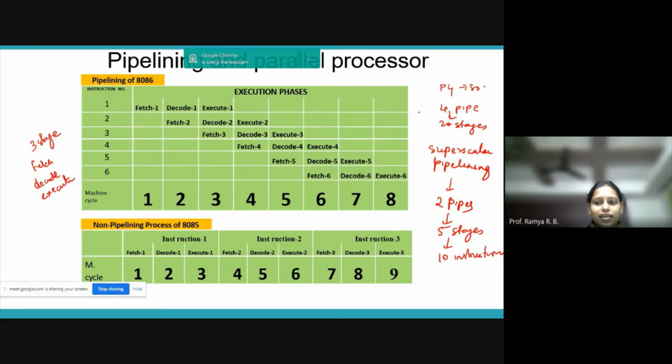Okay, so this architecture is also called the NetBurst architecture. अगर आपने सुना होगा Pentium 4 का NetBurst architecture, उसमें 4 pipes and 20 stages each. 4 पाइप मतलब ये एक पाइप है, ऐसे ही 4 अलग पाइप, and each pipe is having 20 stages. So 4 into 20, 80 instructions are active at a time.